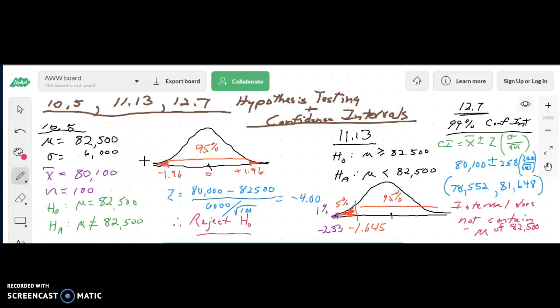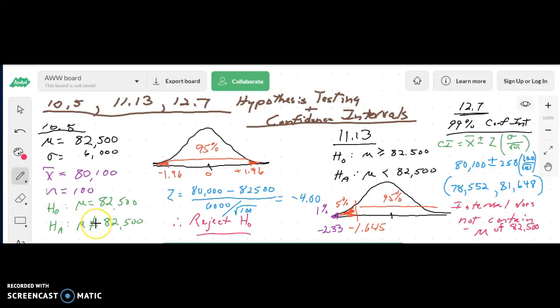And how that applies here then to the normal curve is this. We have a normal distribution, and we know that the mean is 82,500, which is going to be right here. And the alpha level was 0.05, or our level of confidence was 95%. Due to the fact that our alternative hypothesis was not equal to, we are then accounting for the possibility of our sample being significantly greater than or less than.